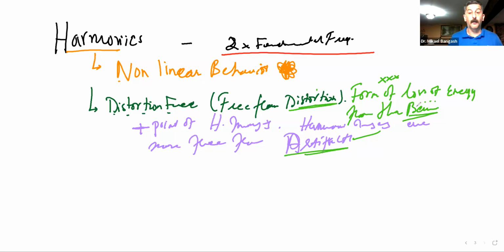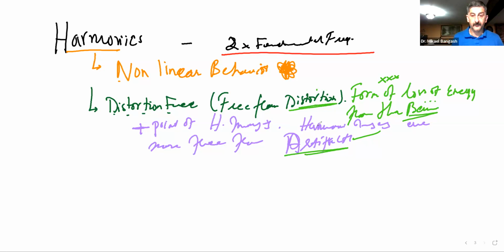Clear? So in harmonics, we don't have that loss of energy from the beam. That's what we call your harmonic image, which is produced as a result of harmonics, or we can say a harmonic frequency.